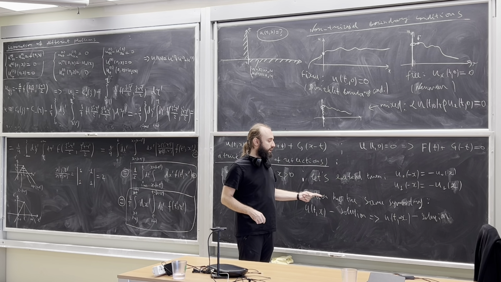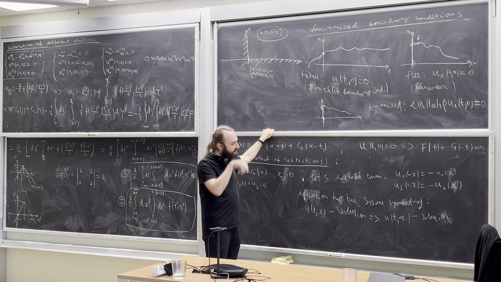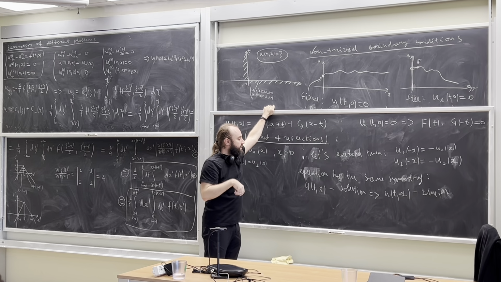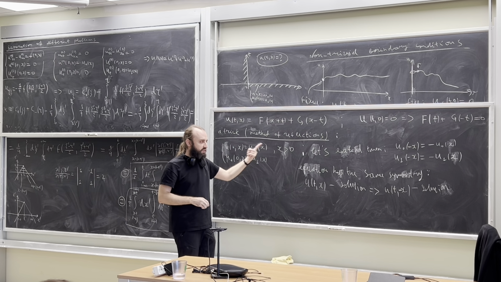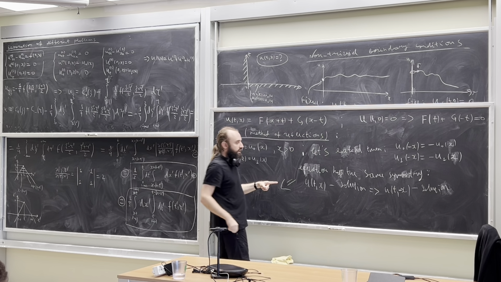Because the second derivative in minus x is the same as the second derivative in x, and we can simply look at its solution. If we change x into minus x, it's again a sum of these functions. So combining this, we see that a solution of the equation with these initial conditions also has this symmetry.